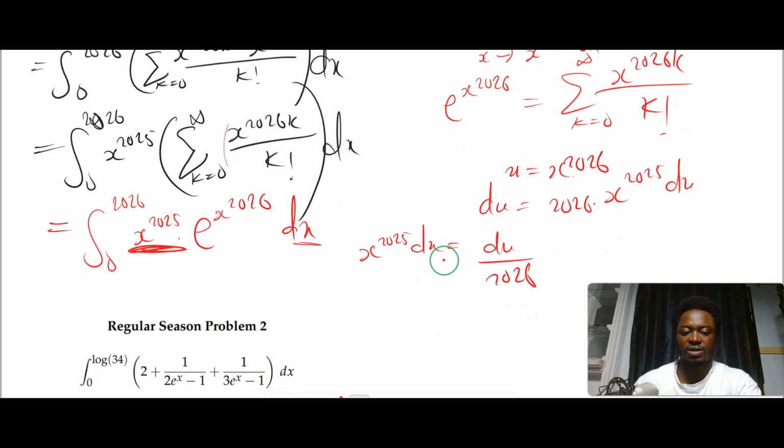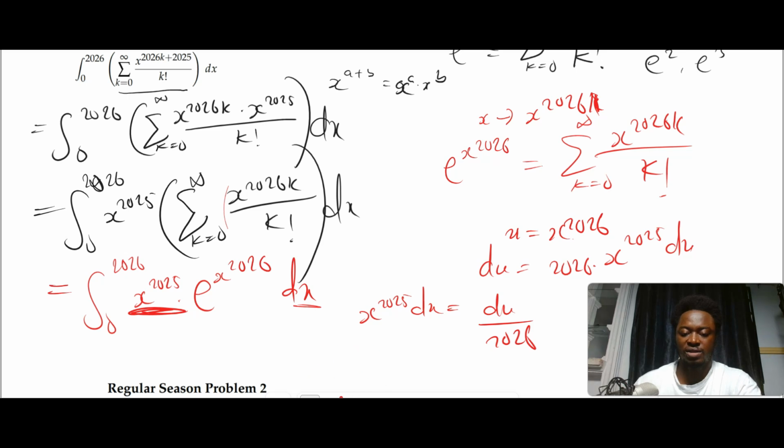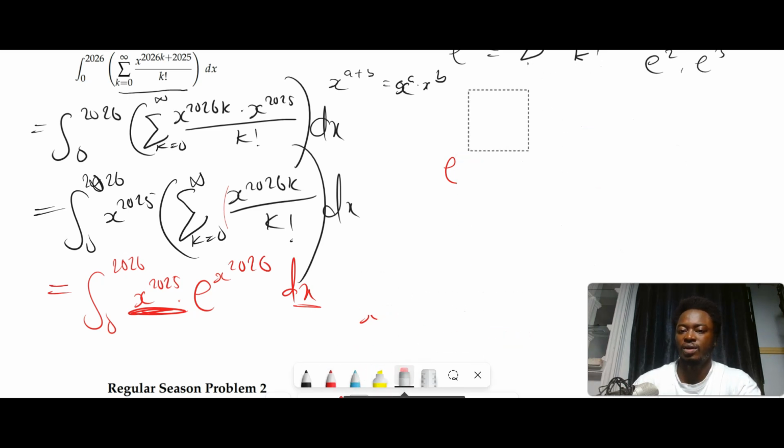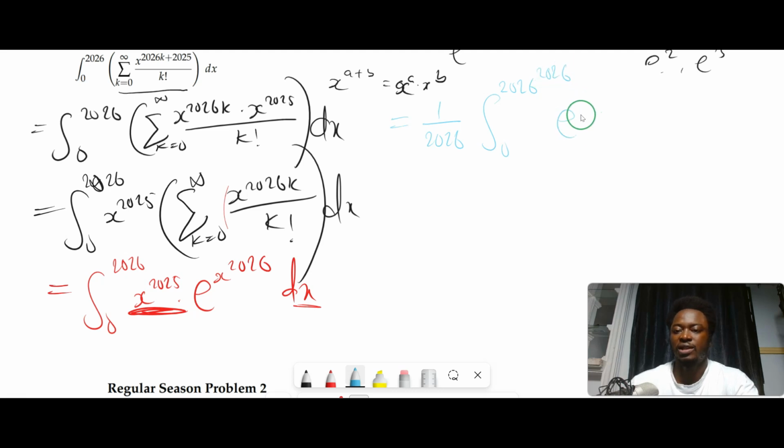let me see. Okay, we are running out of space here, so let me just take this out. So essentially now we could write this as 1 over 2026 times the integral from 0 to 2026 to the power of 2026 of e to the u du.